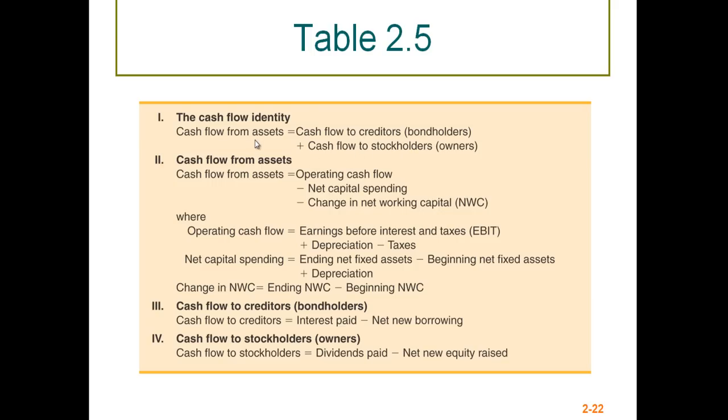That's what we just did. That was the second formula we applied. The first formula we applied, operating cash flow minus net capital spending minus the change in net working capital. And you can see the definitions of operating cash flow, net capital spending, change in working capital, etc. So one good check is to do it both ways to make sure you get the same solution.